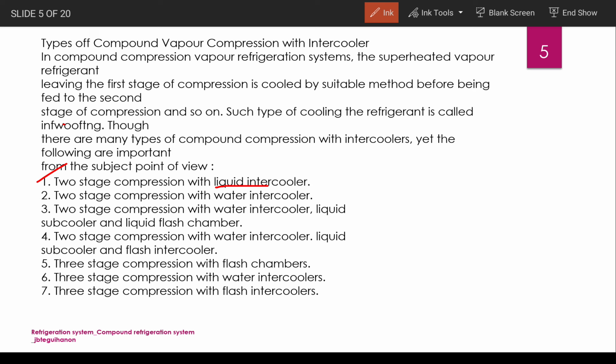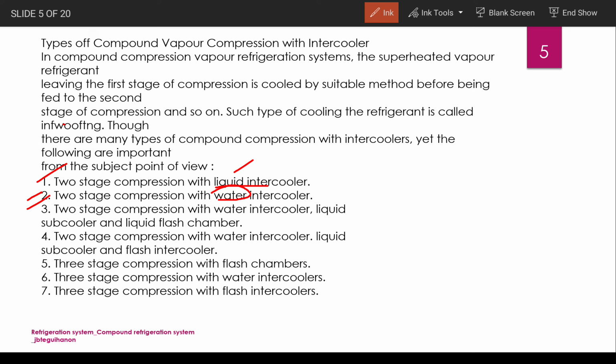Number two, two-stage compression with water intercooler. In the liquid intercooler, you use the liquid refrigerant, while here you have another substance, water. Number three, two-stage compression with water intercooler, liquid subcooler and liquid flash chamber.